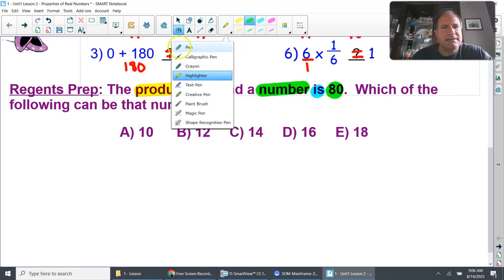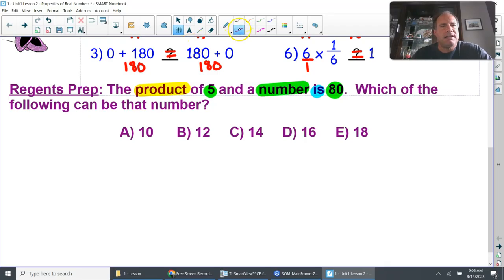We're going to just annotate on top like we did in that first lesson. Product is multiplication. 5 and a number is 5n, or 5x, then an equal sign and 80. So pretty much it is just 5x equals 80.